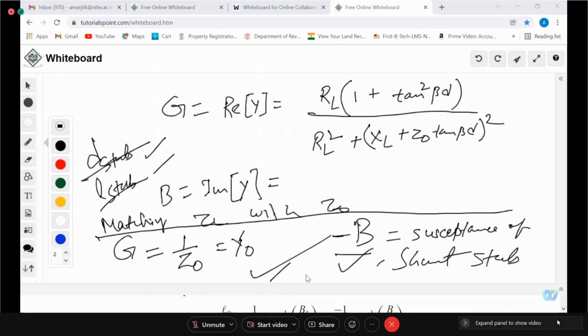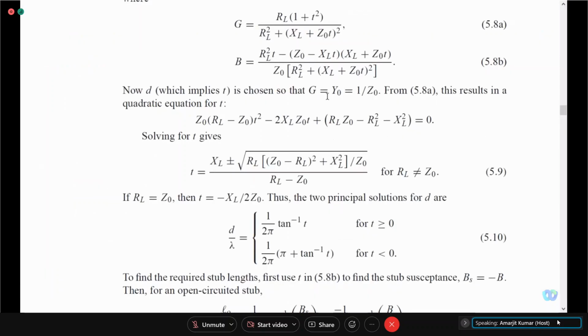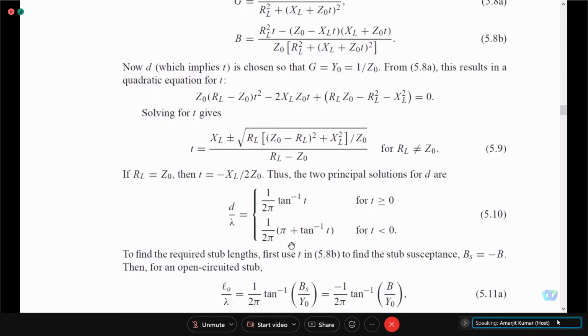See here, the same thing is done: G is equal to Y naught, 1 upon Z naught, and you get a quadratic equation if RL is not equal to Z naught. But suppose RL is equal to Z naught, in that case there is no problem. You can put RL equal to Z naught here and solve it.